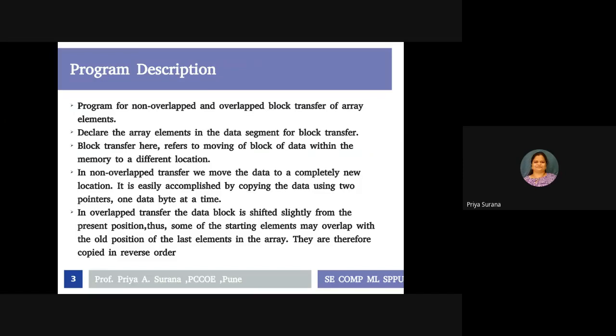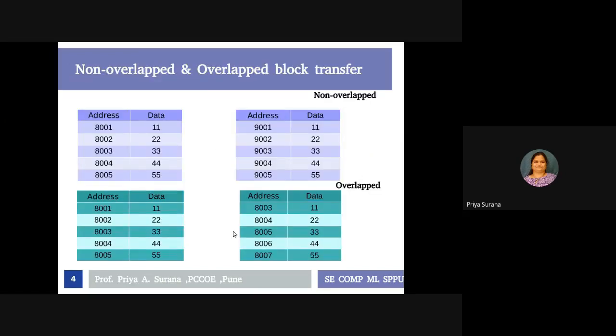In non-overlap block transfer, source and destination locations are totally different, but in overlap block transfer, a few locations from the source will be used in the destination, and because of that it is called overlap block transfer. We will check with an example. Here you can check the non-overlapped source: addresses starting from 8001, data 11, to 8005, data 55, 5 elements.